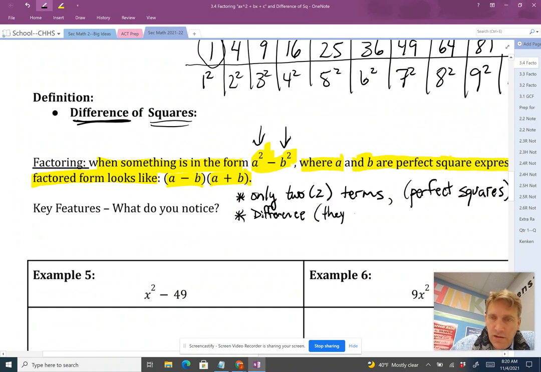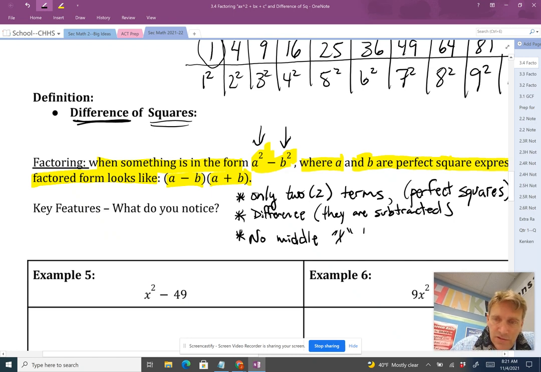They are subtracted. And then there's also no middle term. There's no middle x term, which is just another way of talking about the first one there. If there are only 2 terms, there's no middle term like there is in a trinomial. So those are some things you should watch for.